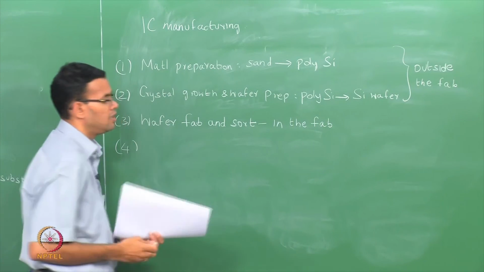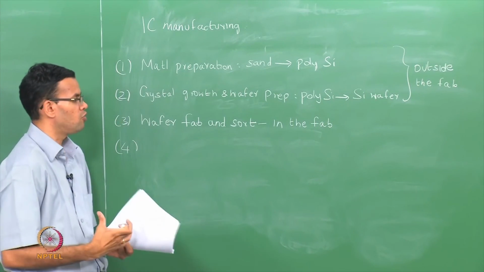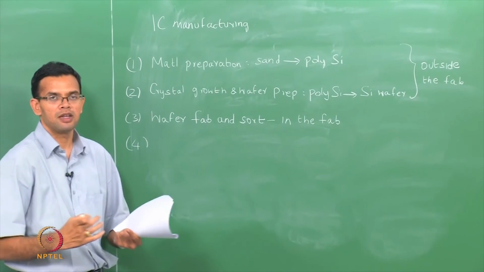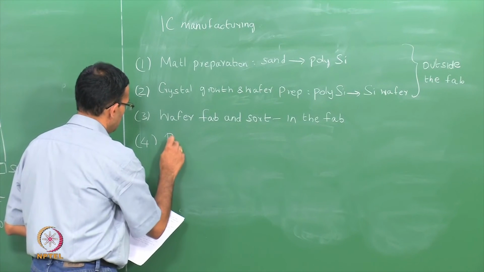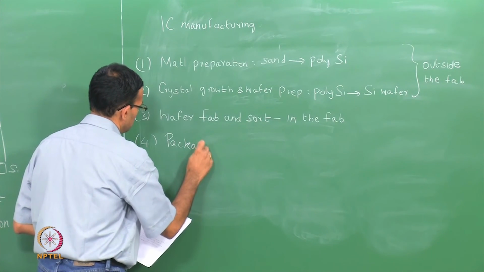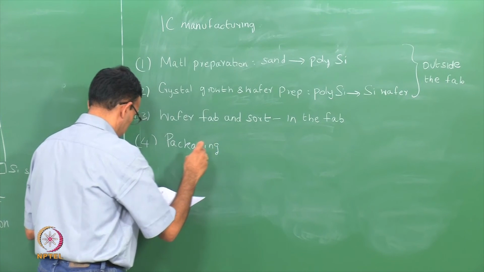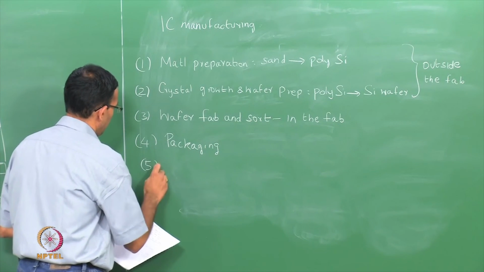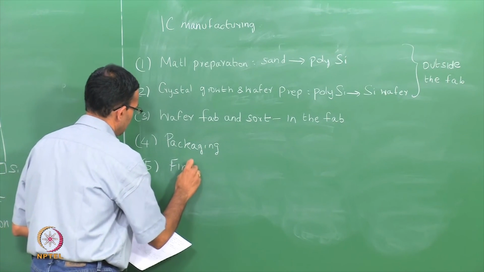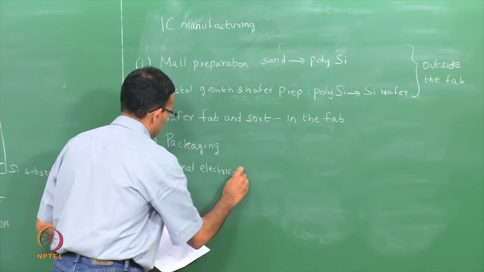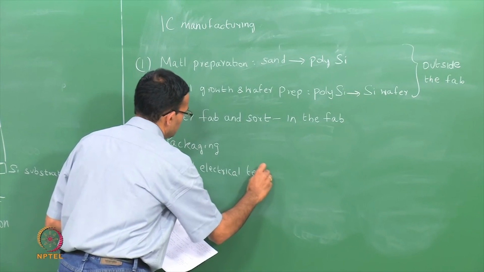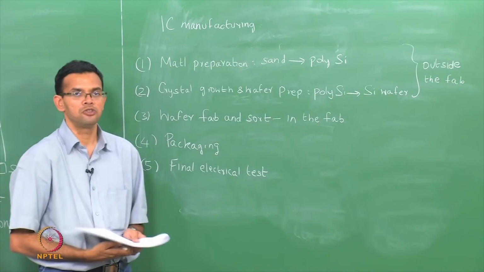Once sorting is done, the individual chips from the wafer, so a given wafer can have hundreds of chips. So, the individual chips are separated and then they are packaged, and after packaging a final electrical test is done. And then the chips are ready for use.